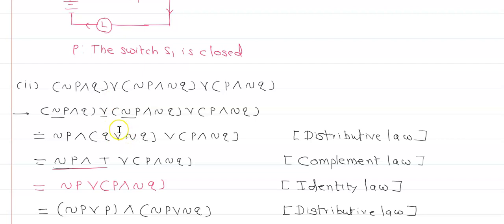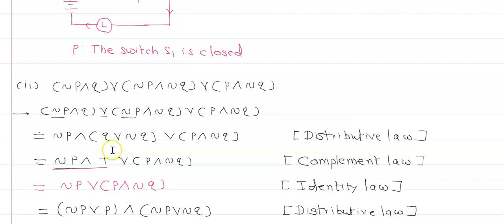So we get negation of P and in bracket Q or negation of Q, or P and negation of Q as it is. This is the distributive law.